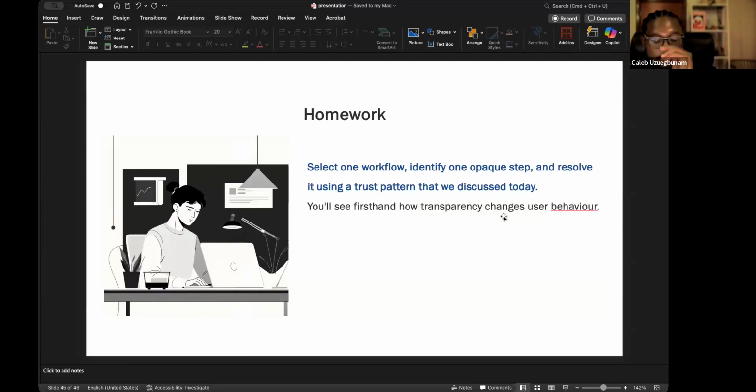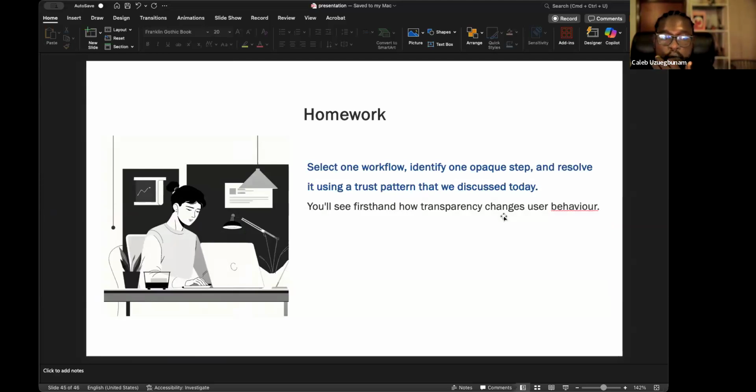So I hope this workshop has been insightful. I hope we can all go home and try this one exercise where we select one workflow. This could be an agentic workflow, but ideally it should be a workflow that represents how you currently do a specific part of your job.